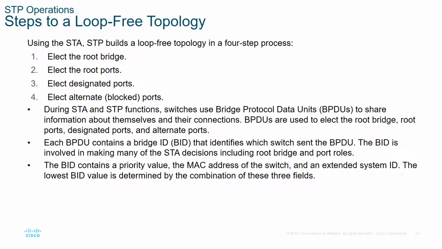The bridge ID contains a priority value, the MAC address of the switch, and an extended system ID. The lowest bridge ID value is determined by the combination of these three fields. So a priority value, the MAC address of the switch, and an extended system ID are what determine the bridge ID value, and that's the combination that's used.